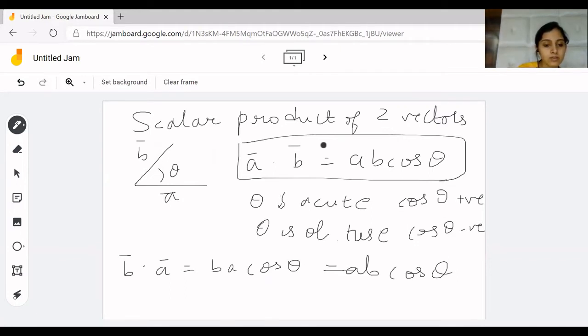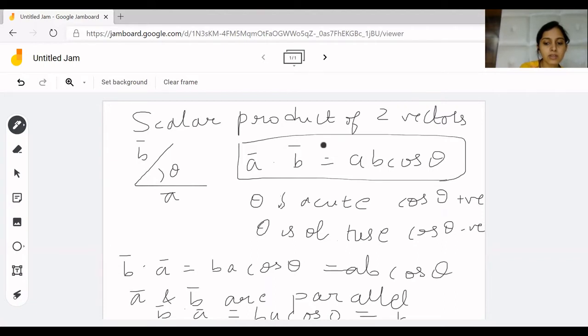So if a bar and b bar are parallel, then theta between them will be 0. What will be the dot product then? Then we'll have b bar dot a bar equal to ba cos of 0, which is ba. So magnitudes of the two vectors would be multiplied.